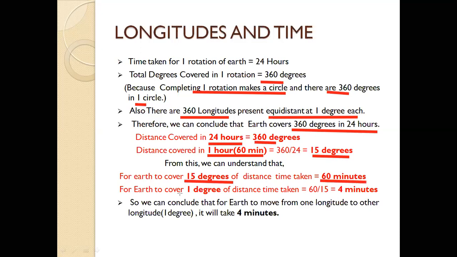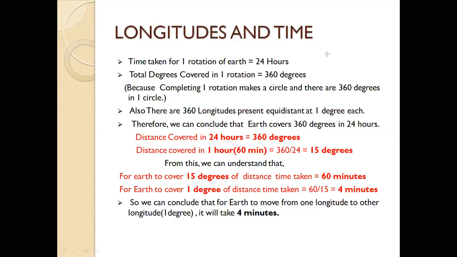And for Earth to cover 1 degree of distance, the time taken will be 4 minutes. So we can conclude that for Earth to move from one longitude to another, or 1 degree, it will take 4 minutes. Fine. So this slide was about longitude and time.